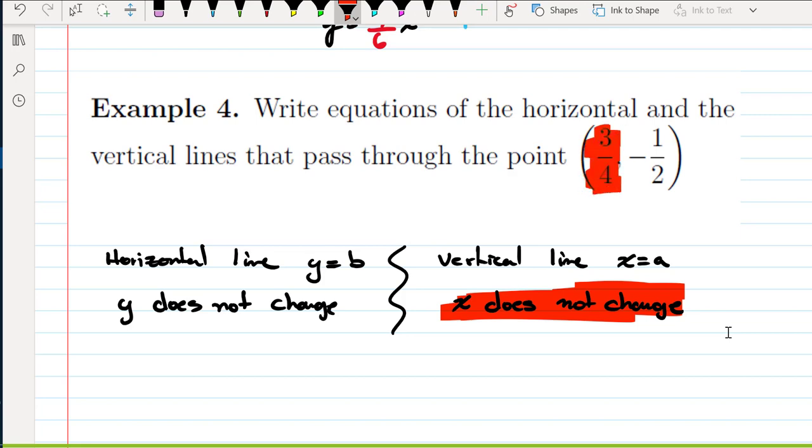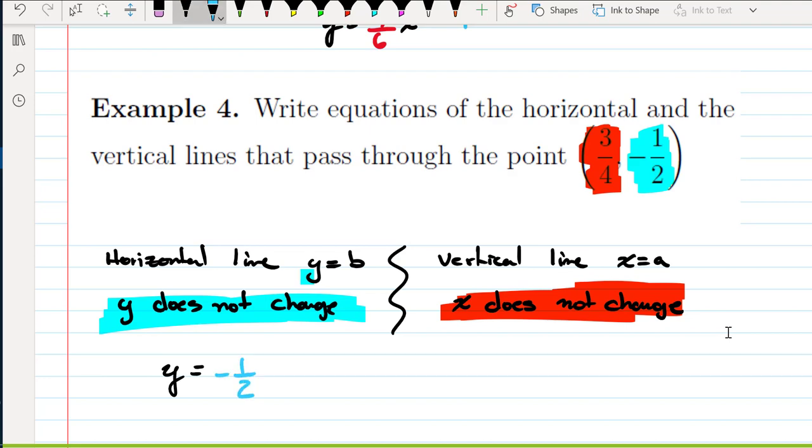Well, if it can't change, what's its only choice for it to be? 3/4. Similarly, on the horizontal line, if y does not change, what's its only choice for what it can be? -1/2. So then our two equations are y equals -1/2 and x equals 3/4.